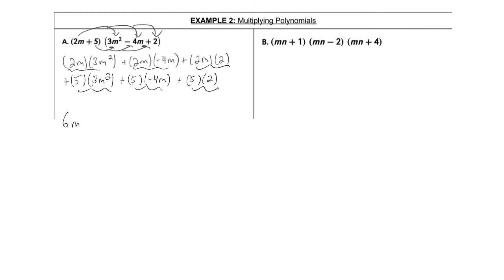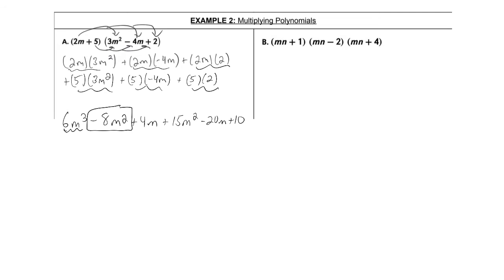So we get 6m cubed minus 8m squared plus 4m plus 15m squared minus 20m plus 10. And then we combine our like terms. So this is by itself.